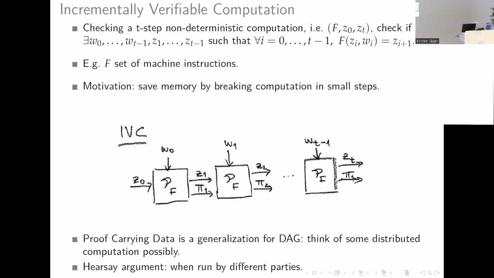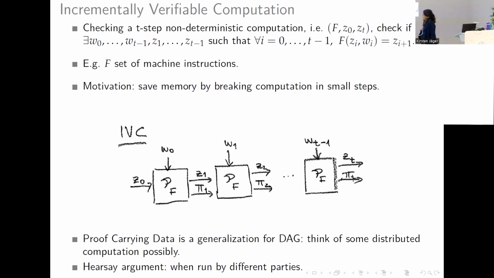And the proof that you computed is augmented, so it's incremented with a new computation that you want to do, okay? So it's some kind of incremental computation. And there's proof carrying data, which is a similar concept, but where you don't have this line as a graph, but you have a directed acyclic graph, okay? So it's a more complex topology of the nodes that are doing the computation, but it's essentially the same thing, okay?